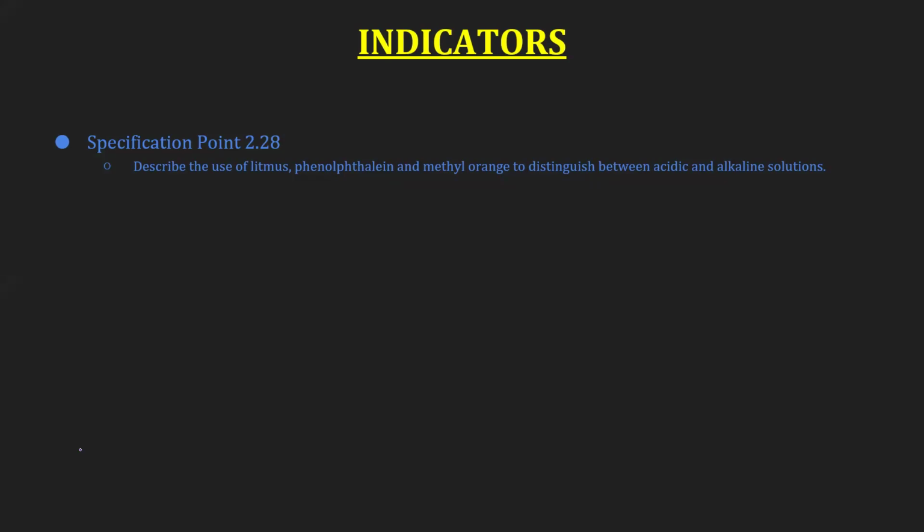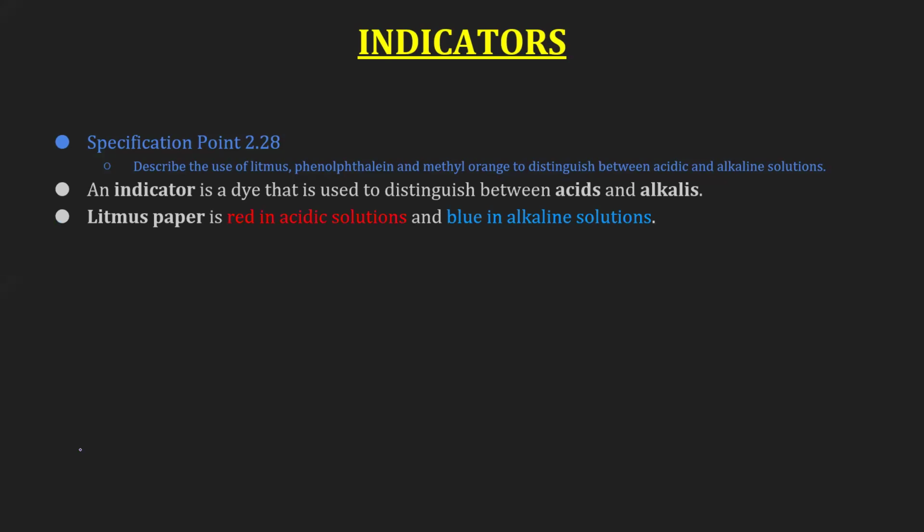What are indicators? They describe some things, like they show your pH and acid. It changes color. They are used to distinguish acid.